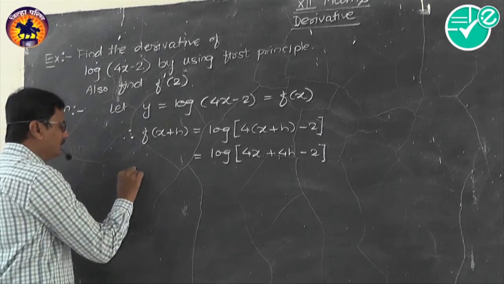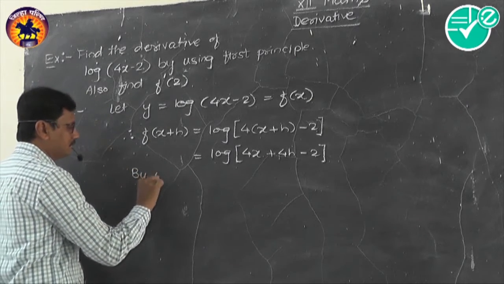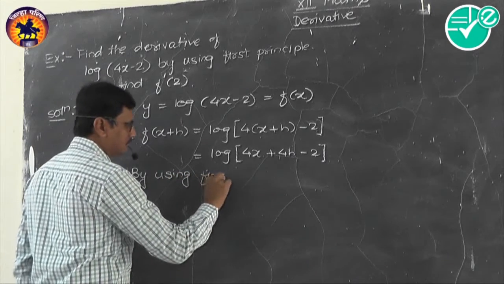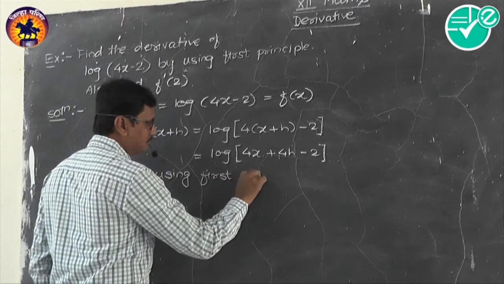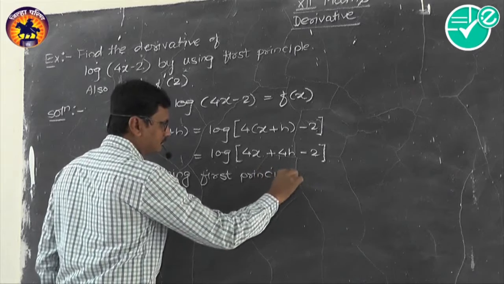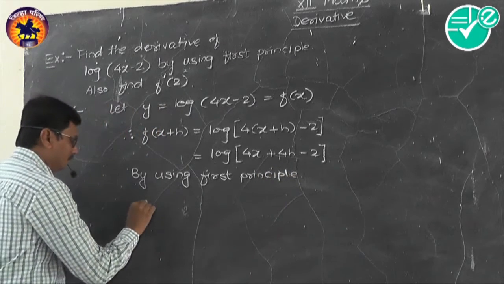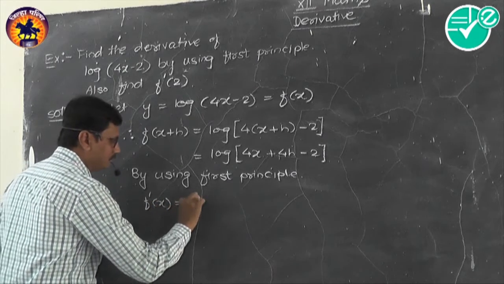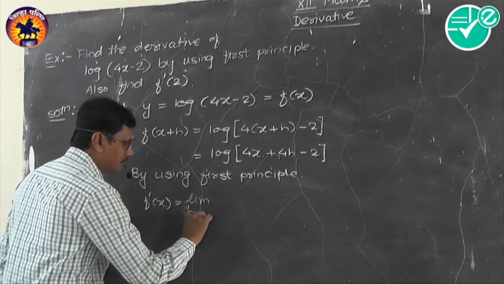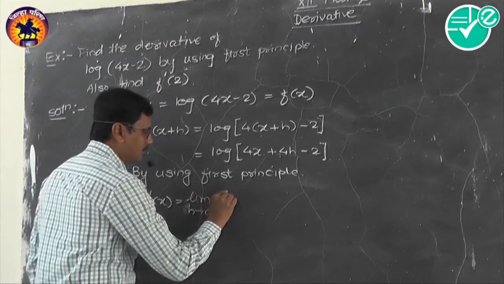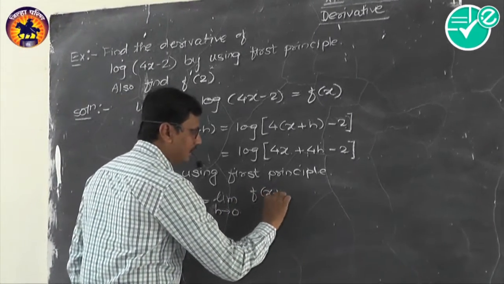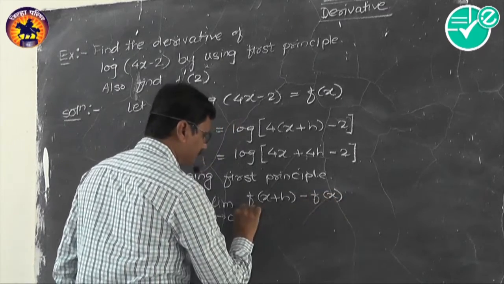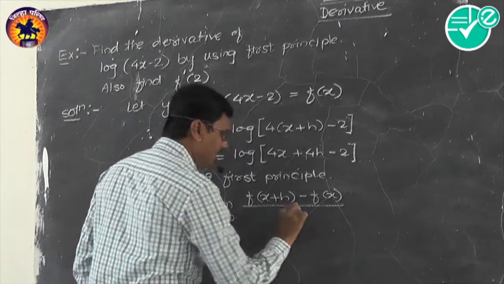Now by using first principle, f dash of x is equal to limit h tends to 0 of f of x plus h minus f of x upon h.